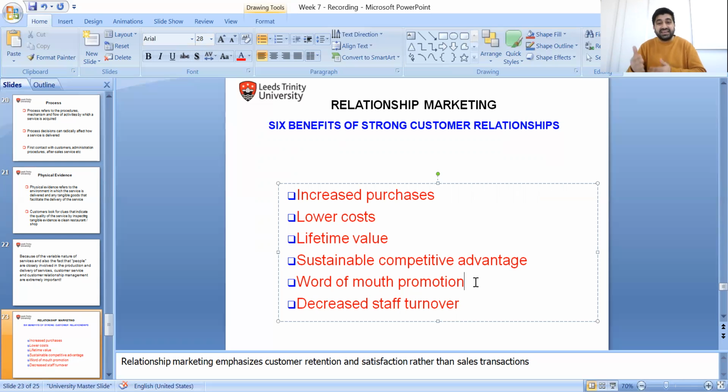By doing this, he is basically promoting your business. Decrease staff turnover. If you have a strong relationship with the customers, your business will be profitable, your sales will increase, and your staff will be motivated to work more and more. So the turnover ratio of staff will be reduced in this situation.